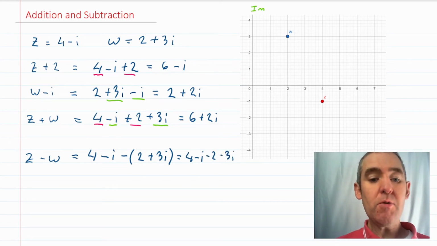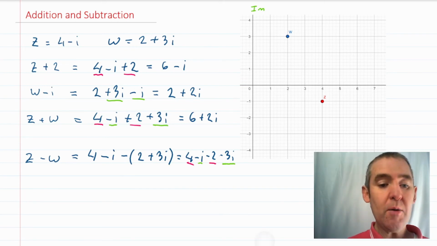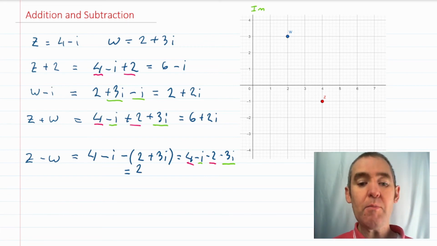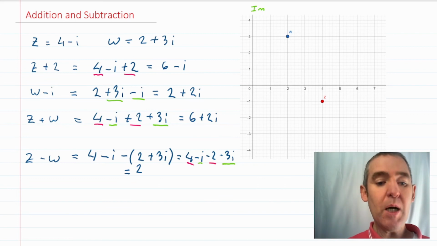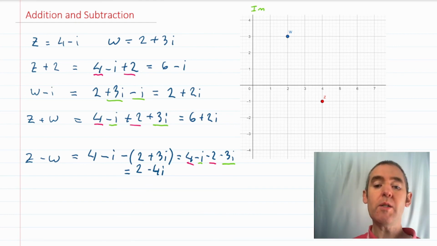Once again, you take the real part and the real part, and the imaginary part and the imaginary part. So it ends up being 4 minus 2, which is 2, and then minus i minus 3i, which is minus 4i.